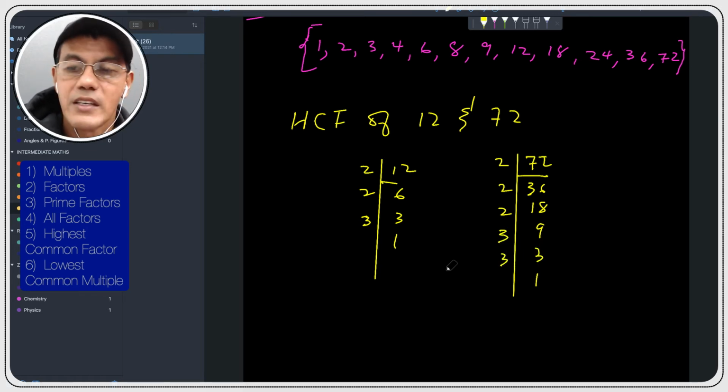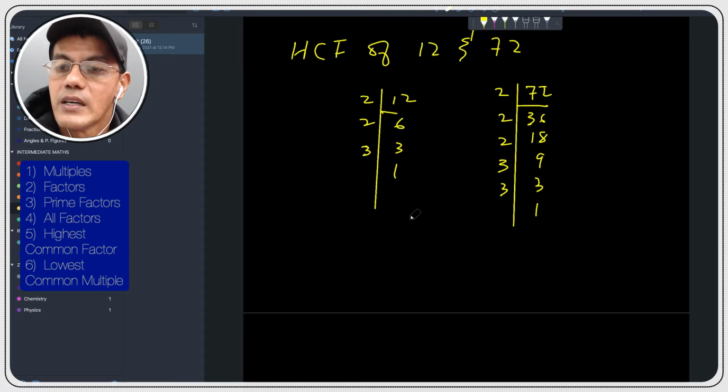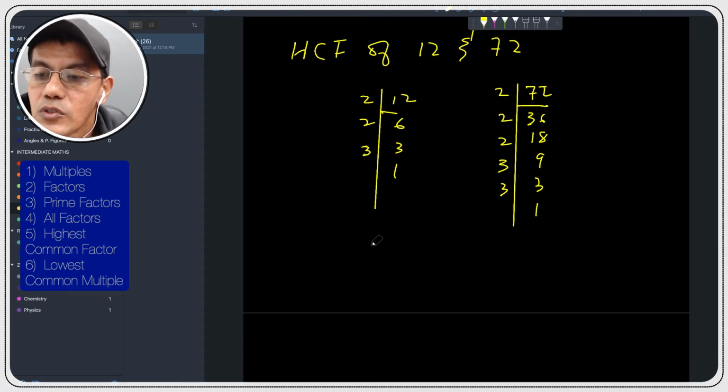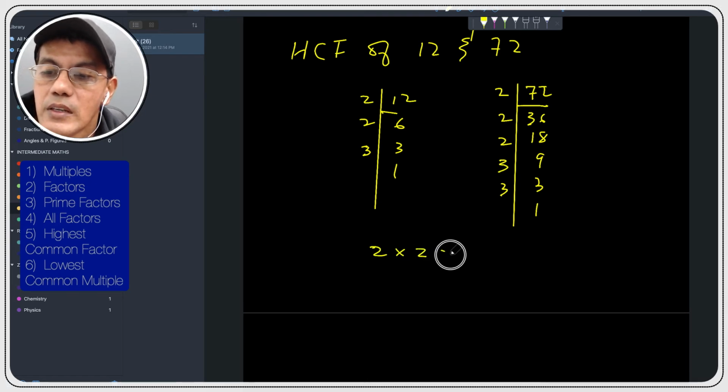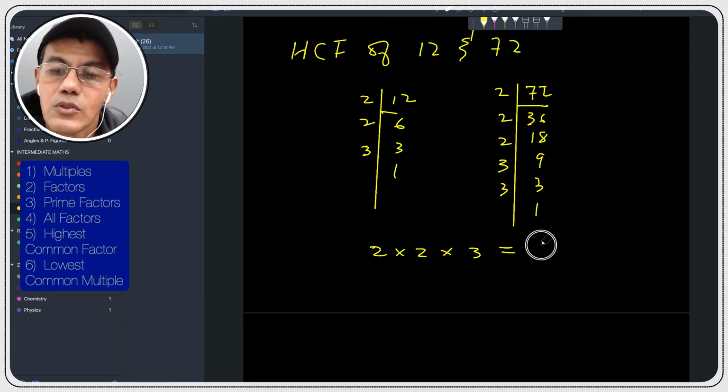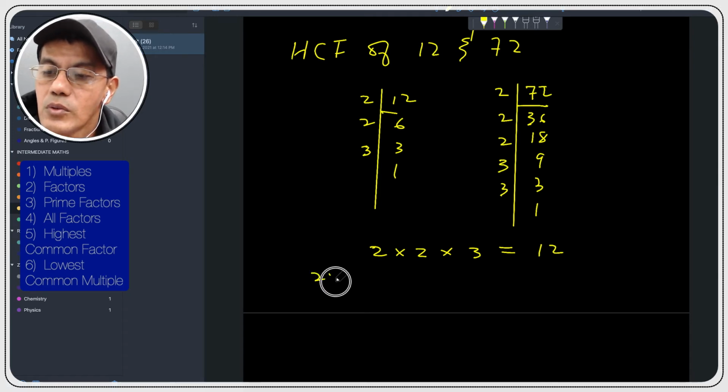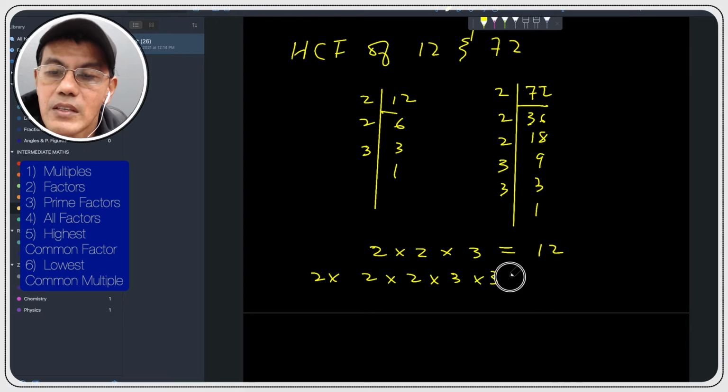So reminder quickly, we had 2 times 2 times 3 is equal to 12, and we have here 2 times 2 times 2 times 3 times 3 equal to 72.